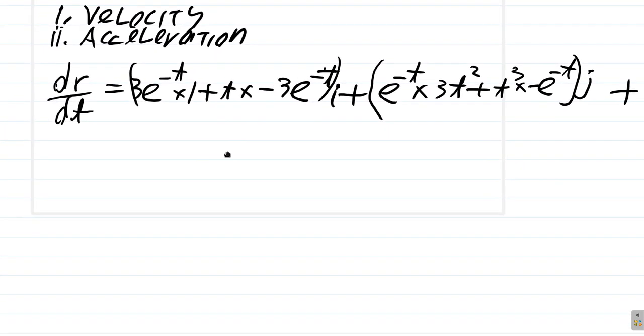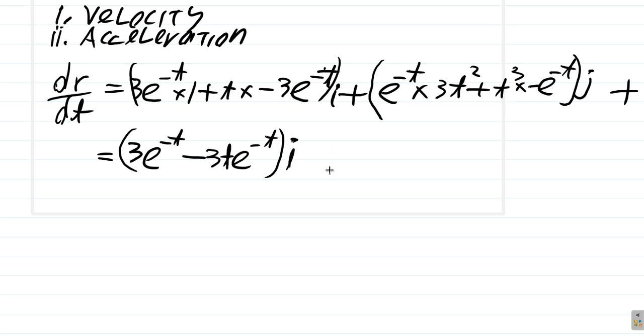So let's put these things together. This is equal to 3e to the negative t minus 3t e to the negative t in the i direction, right?